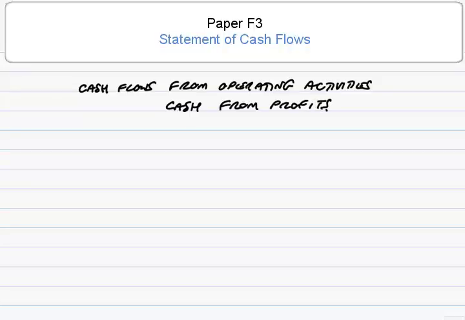Business makes a profit. Now, just because you make a profit of 100,000 doesn't mean you've had cash of 100,000 for all sorts of reasons. But what we're trying to get under that heading is how much cash did we actually generate from our profits. So that basically is the first heading. The second reason a company receives or pays cash is cash flows from investing activities.